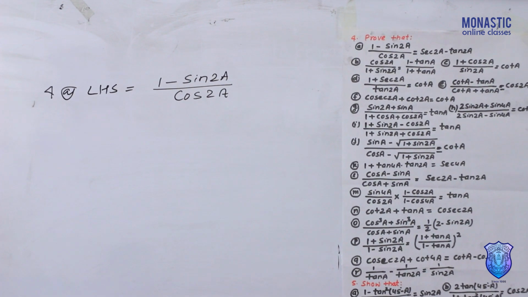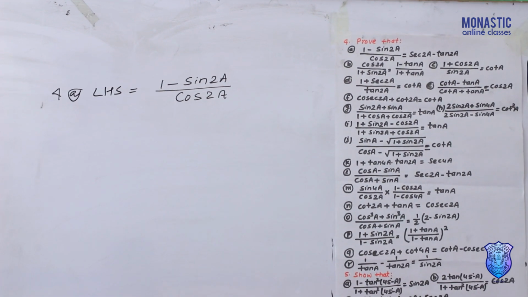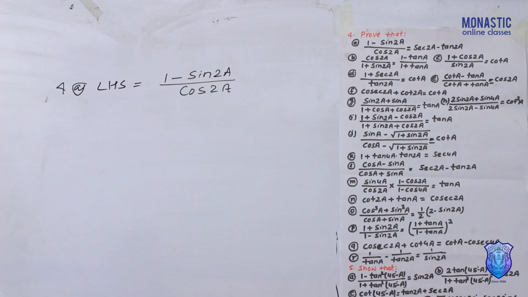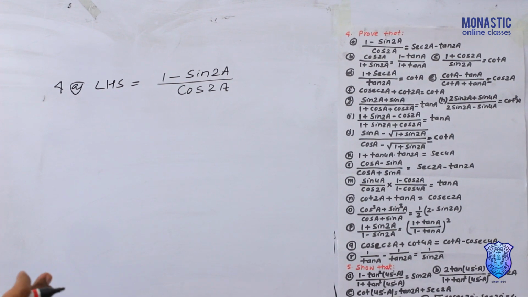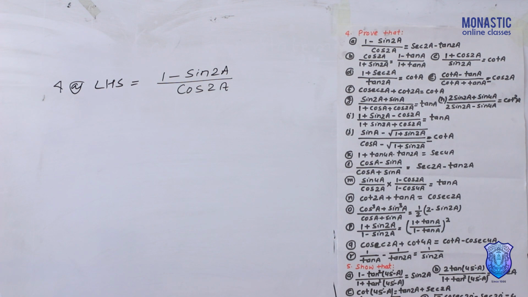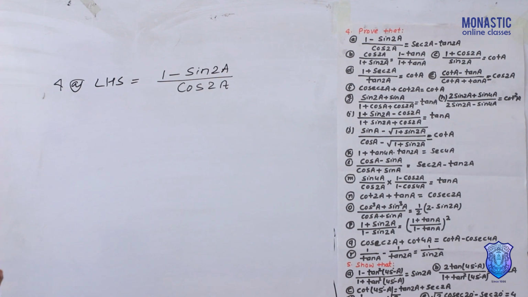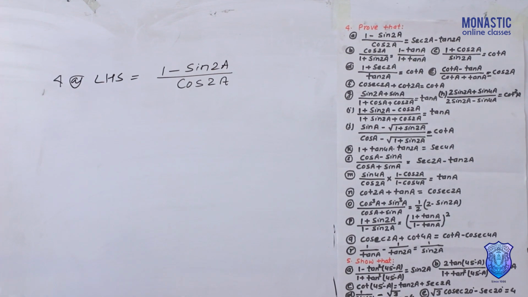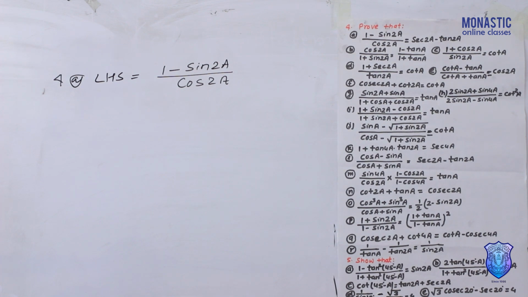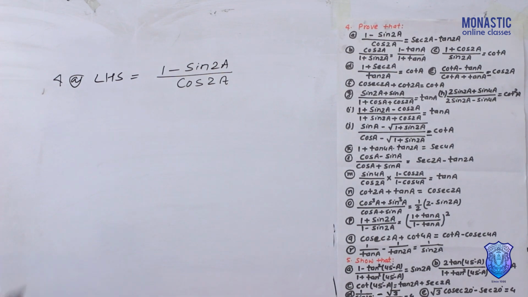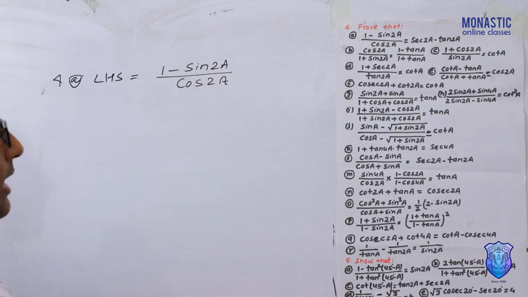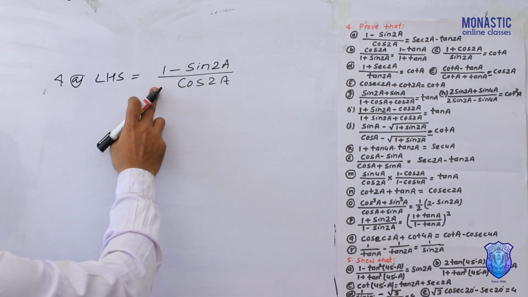When we have to prove such trigonometric identities, we always have to look at the RHS. It gives us ideas what we have to do next. What's the way we have to go? Here we want sec and tan. Look at the LHS now.